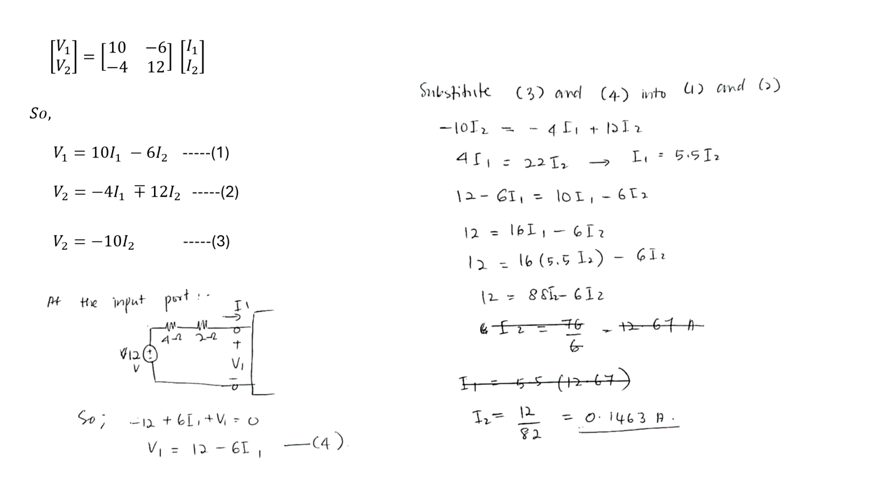If you don't remember how to solve for a matrix, then please refer to the internet on how to solve this matrix. And from the circuit, we can solve using mesh analysis, which gives V2 equals negative 10I2. And that is the third equation.